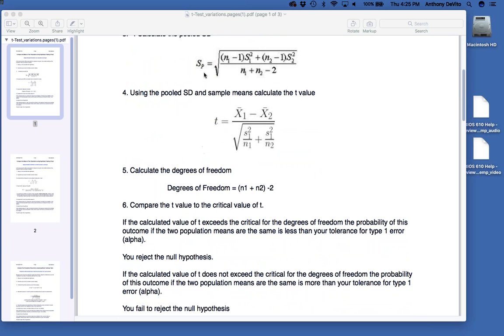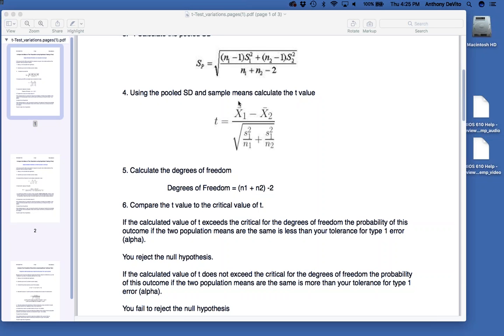Okay, so now the standard error based on that is found using this formula, which is basically kind of a weighted average. The standard deviation pooled, I got an old version of this, this should be a P down here. Standard deviation pooled squared over N1 plus standard deviation pooled squared over N2, and you add those two together and take the square root of the whole thing.